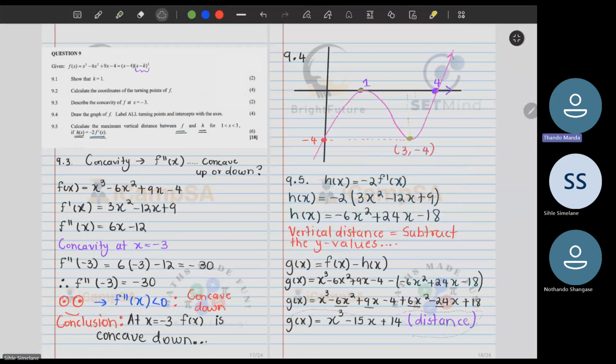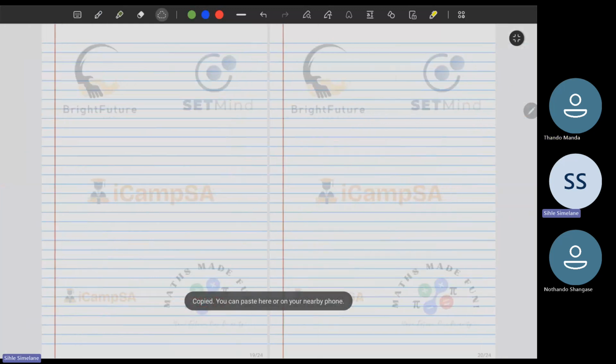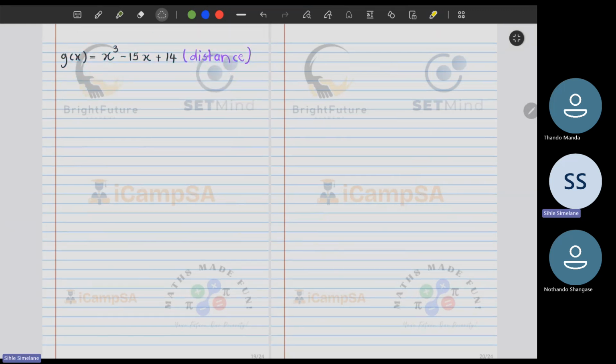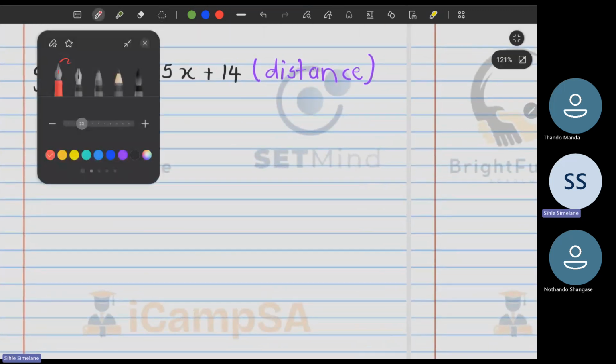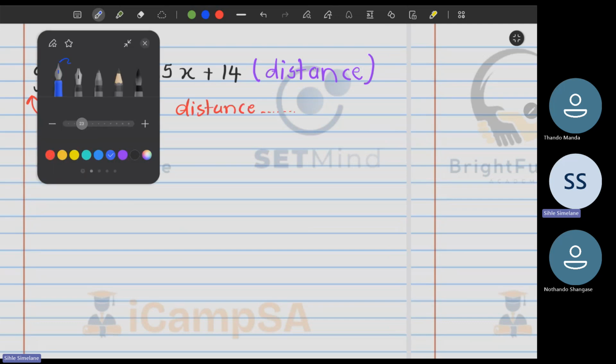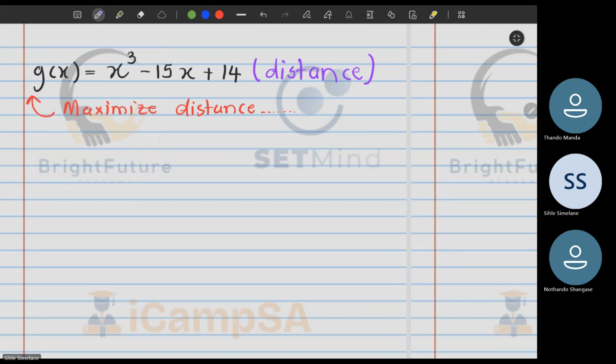We derive it, yep, derive it and take the x values, plug them back, and then give them the biggest one. So you're on point. What we are trying to do is maximize distance. In our lesson on optimization, we spoke a lot about what they mean when they say maximize or minimize. So what we need to do here is find essentially the turning point.